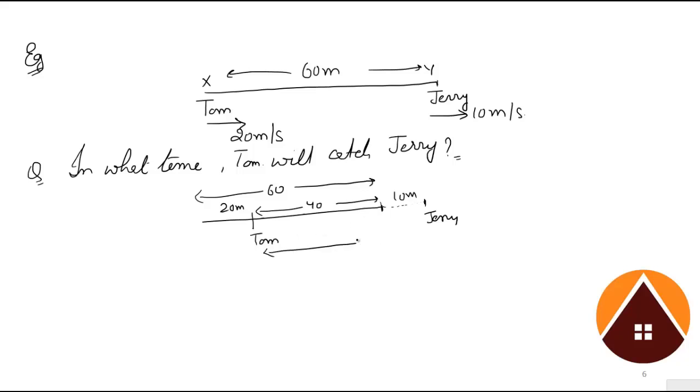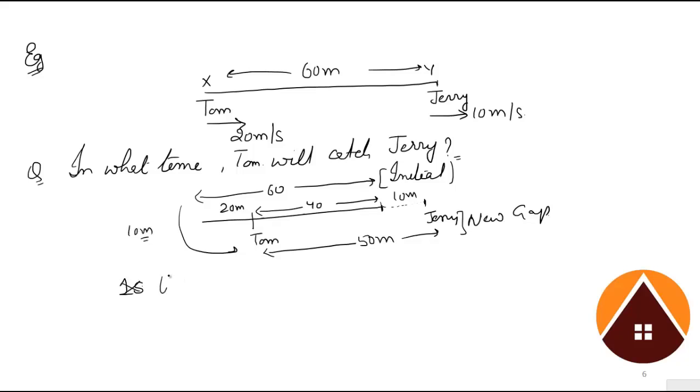So what is the gap now between them? 50 meter. See, this was the initial gap. This is the gap after 1 second, the new gap, which is 50 meter. You can see that in 1 second, their gap is decreasing by 10 meter, right?